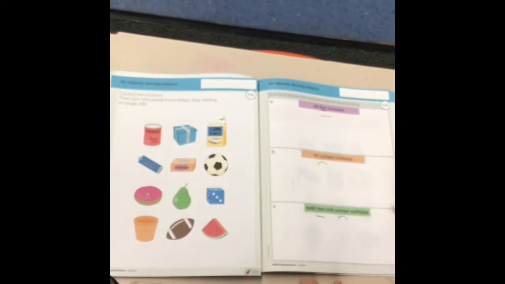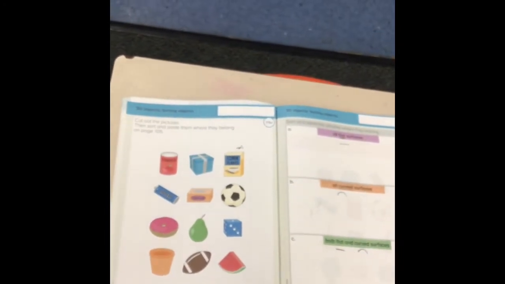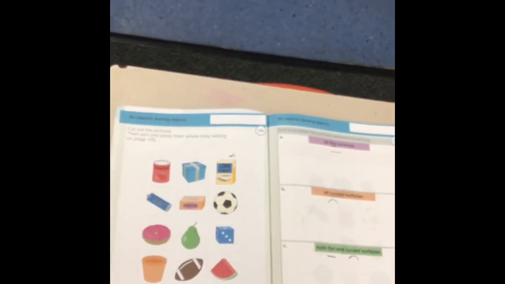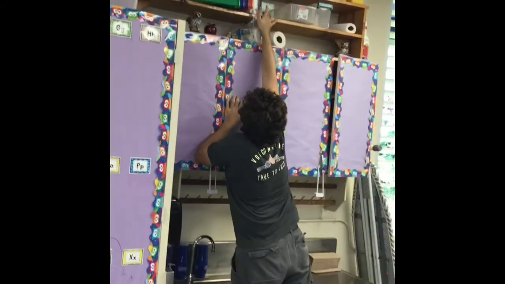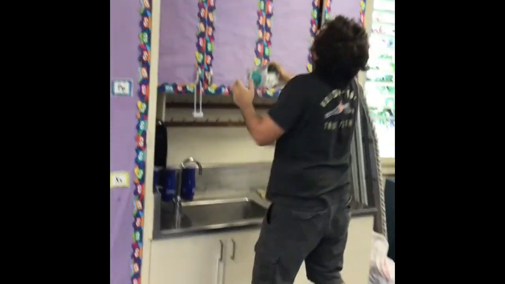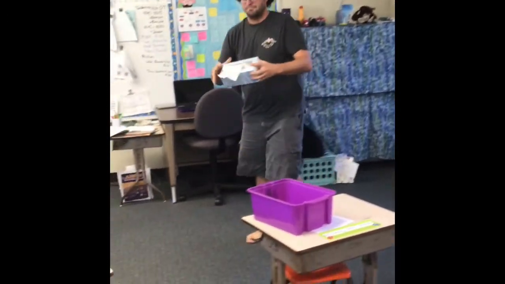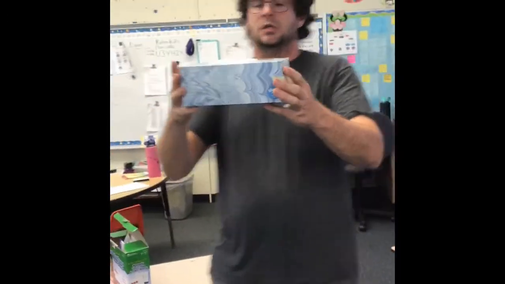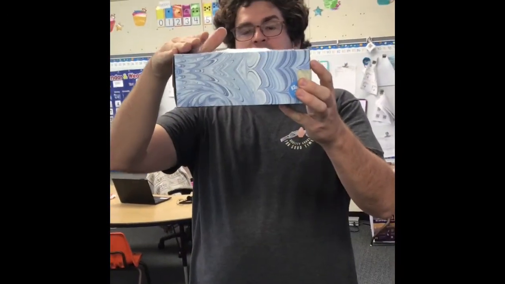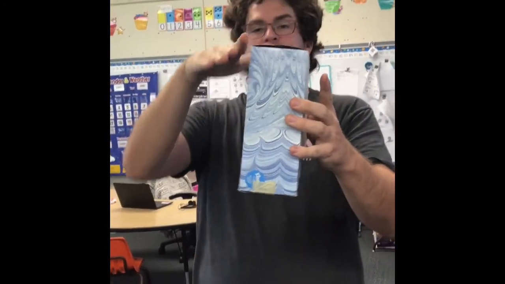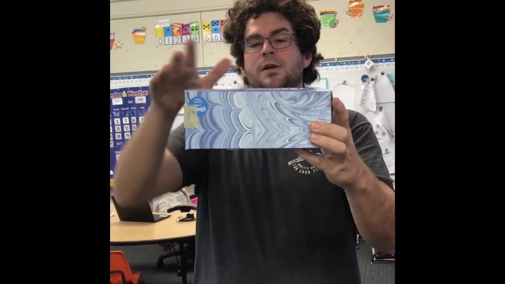So another thing that I can show you guys is a tissue box. But not this one. This is the wrong tissue box. But I can show you this one. So here's our tissue box. It's got a flat surface here. It's got a flat surface here. Flat surface here.